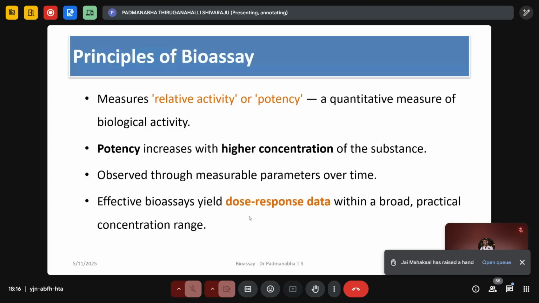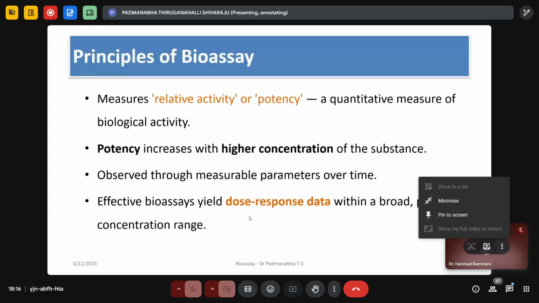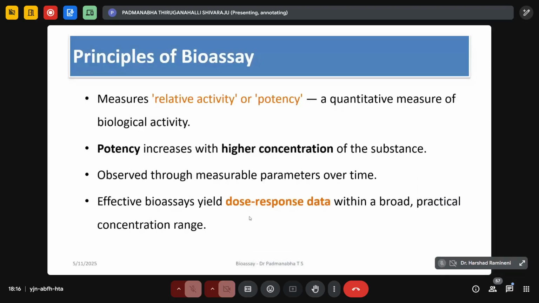When we get dose response data, we analyze the range of drugs we will be able to assess: the minimum effective dose, the maximum effective dose, the lethal dose, and also the mean concentration at which the drug will be more effective.